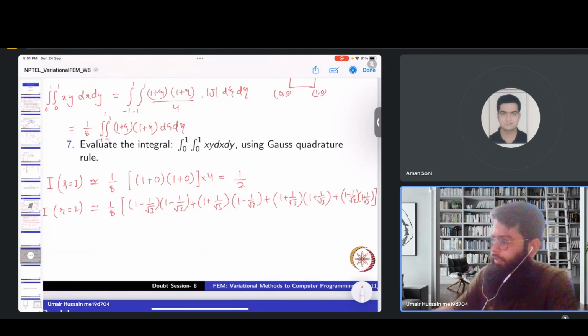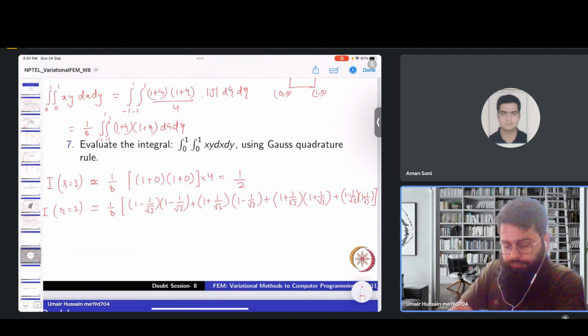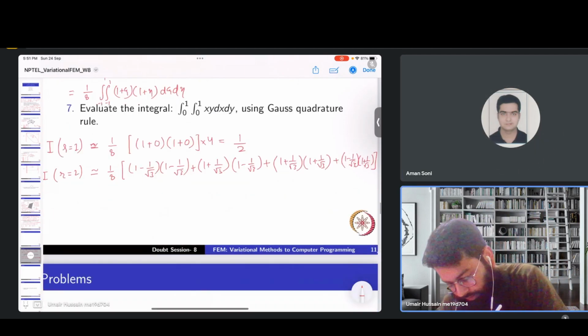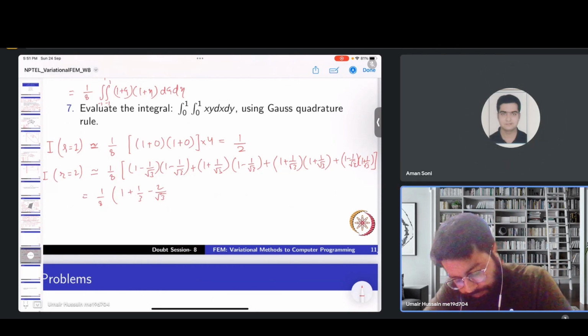Okay, so let's do it on the calculator for this. Or we can try to simplify it. This will be 1 minus a minus 0 square, 1 plus 1 by root 3 minus 2 by root 3 minus... plus b minus b.